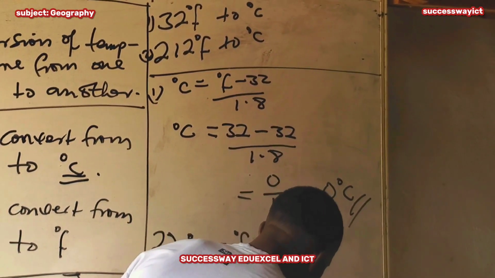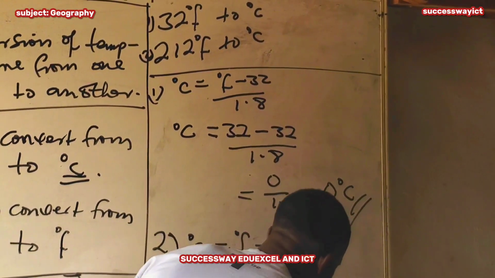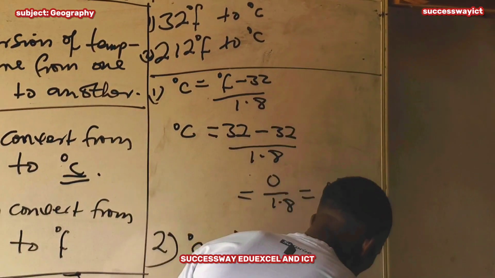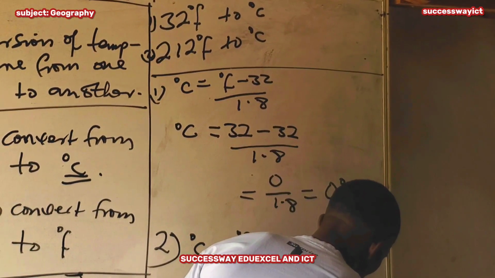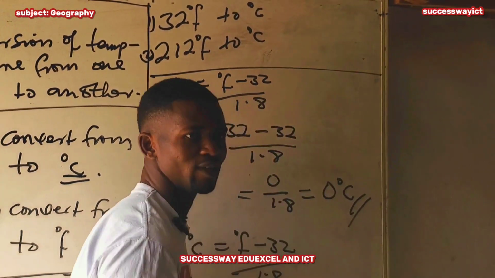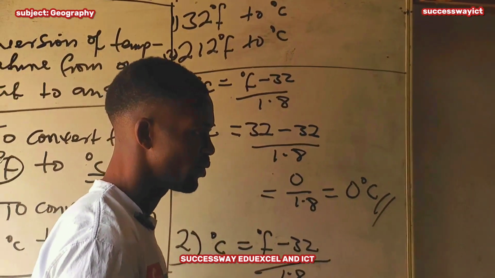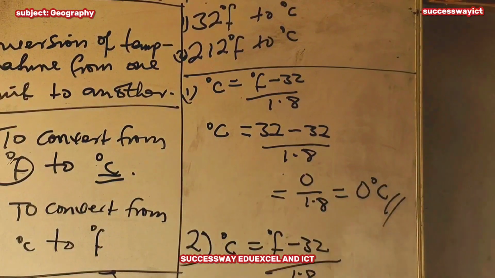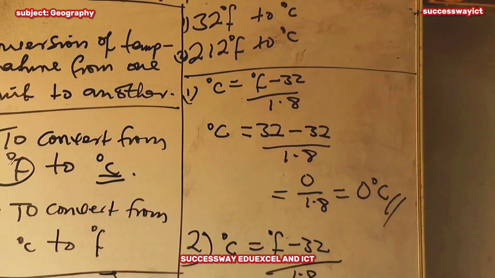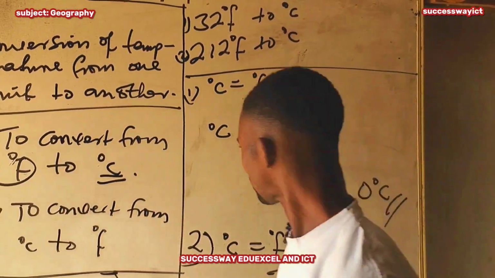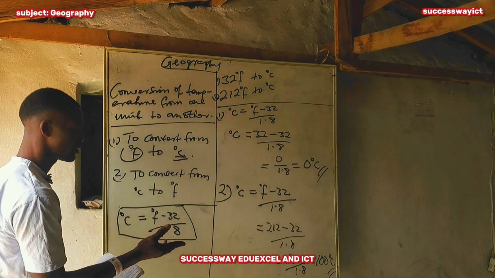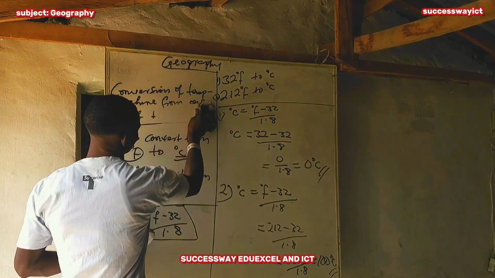Are you sure? Yes. Over 1.8, what do you have? 100 degrees centigrade. Do you get it now? I'll give you another example to solve with me very fast and quickly. I hope you understand it, right? This is because of our time.